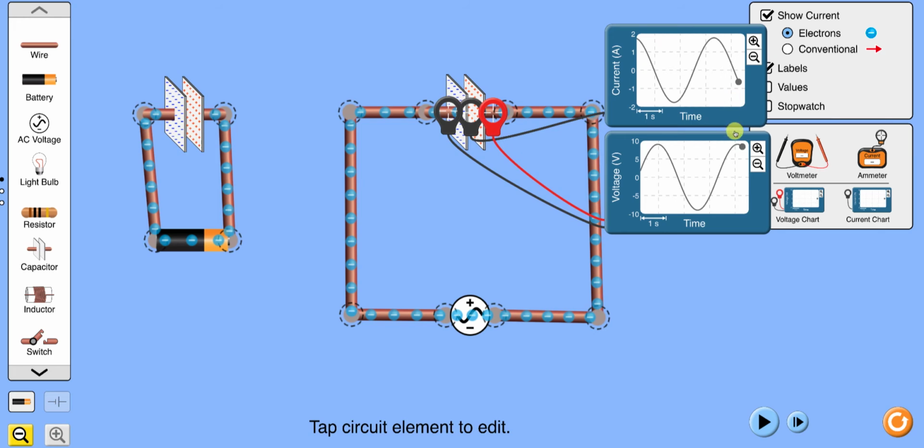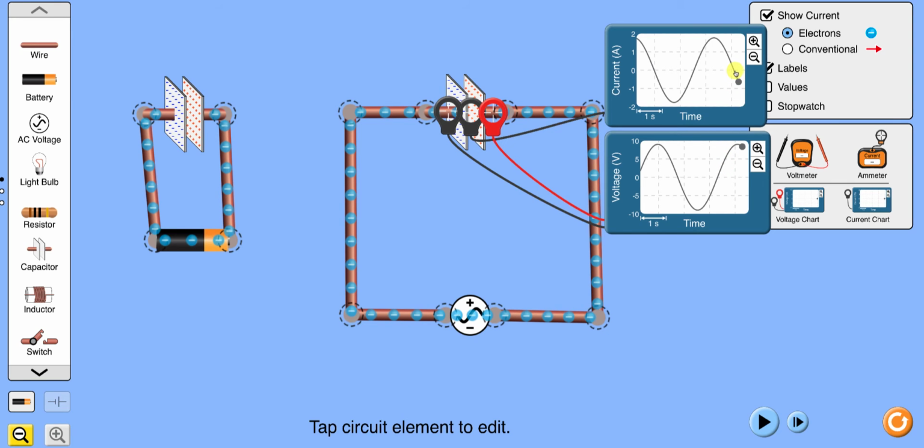This is showing us that the current that flows here is leading the potential difference. By leading, I mean the current is ahead compared to the potential difference.